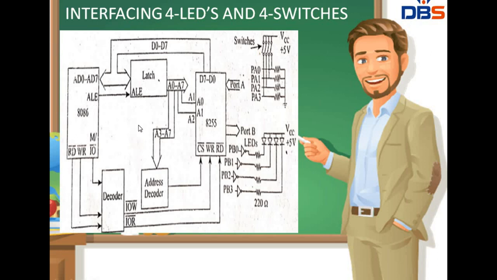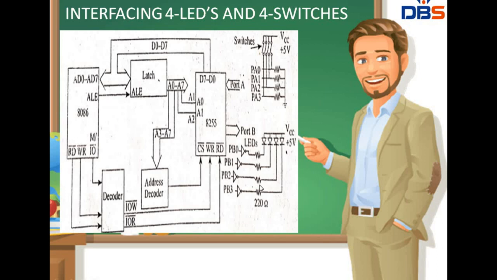If the address of the IO device appears on lines AD0 to AD7, then 8-bit address lines are adopted, and if it is more, AD15 to AD0, then 16-bit address lines are adopted.